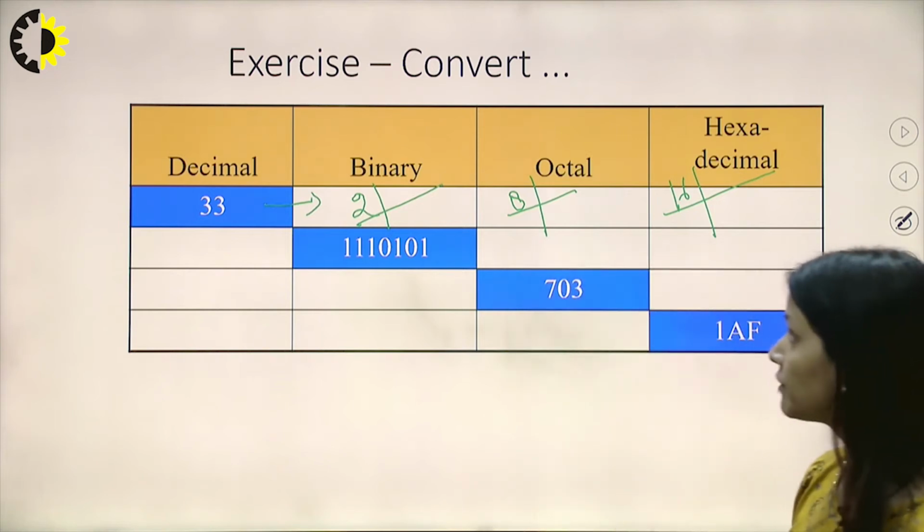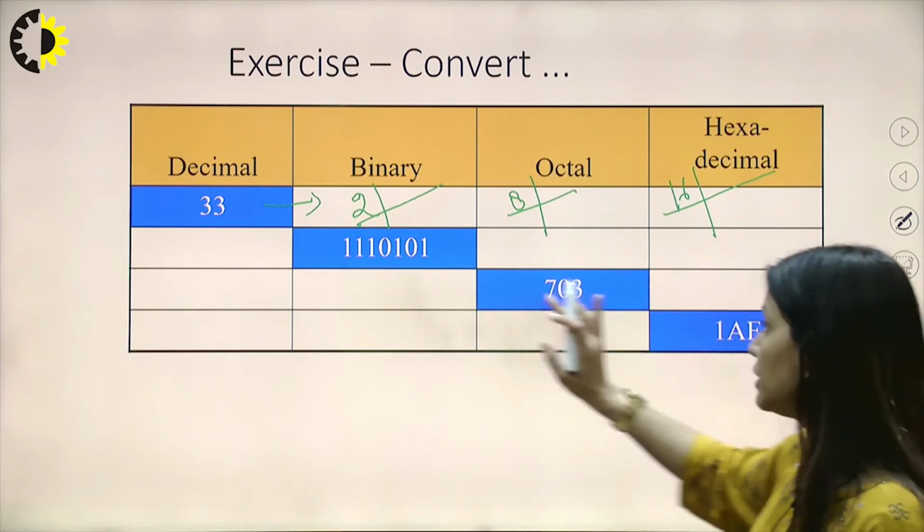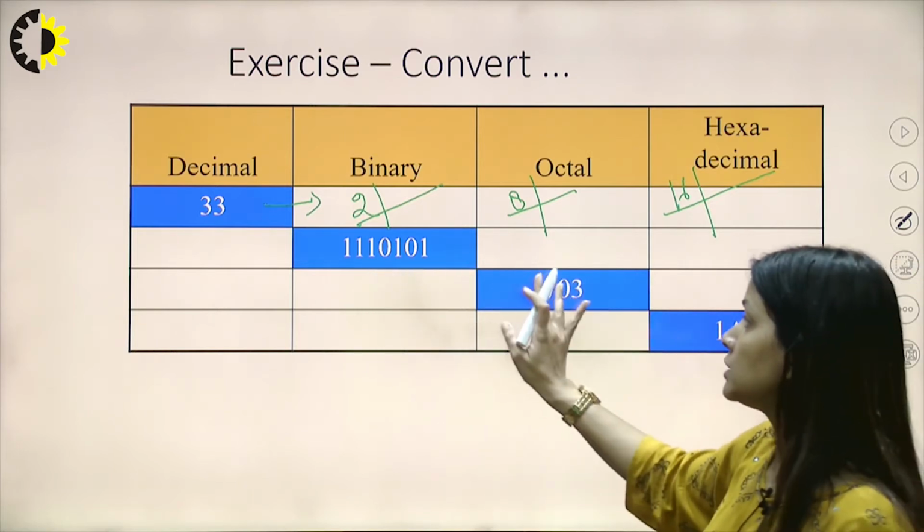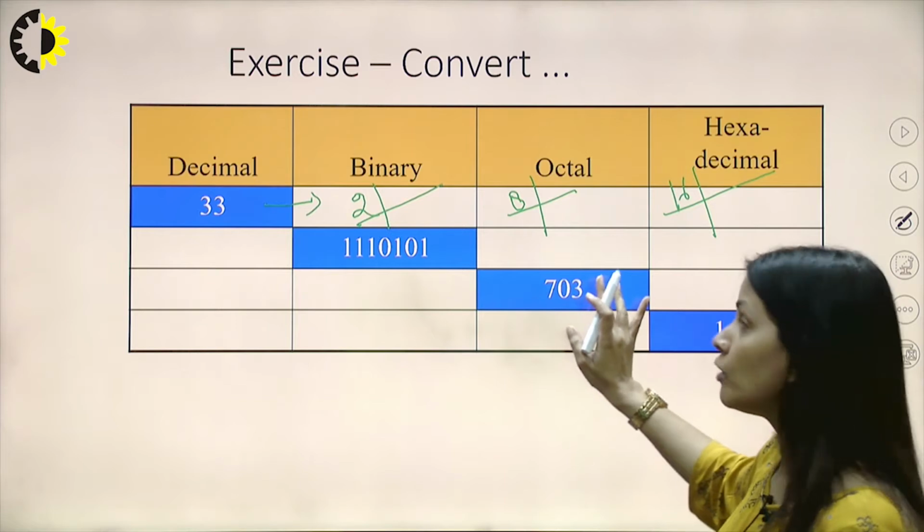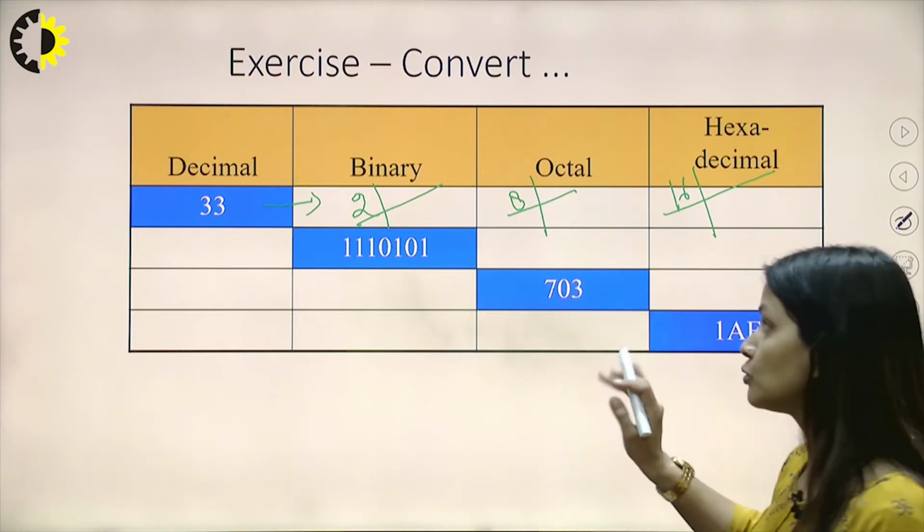If the octal is given, we write the equivalent binary: 7 is 111, 1 is 001, 4 is 100 and 3 is 011.